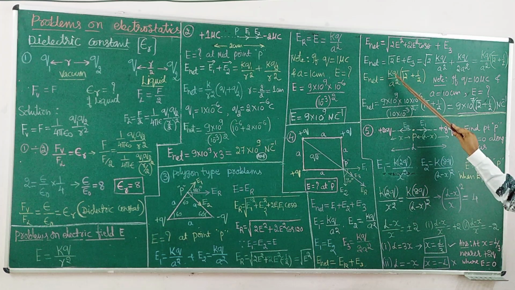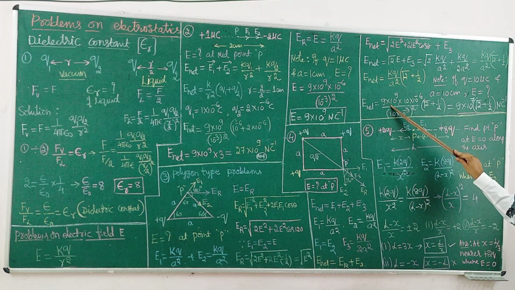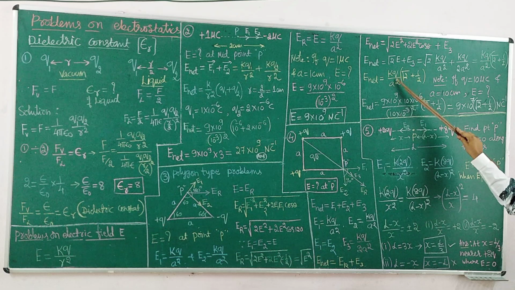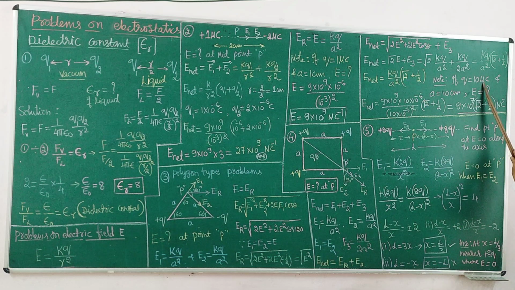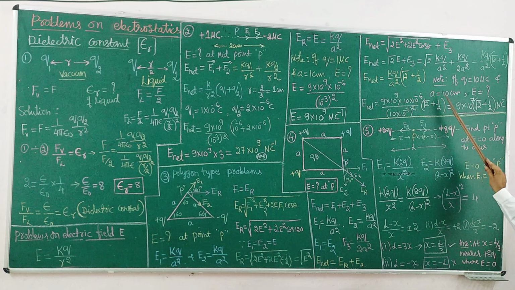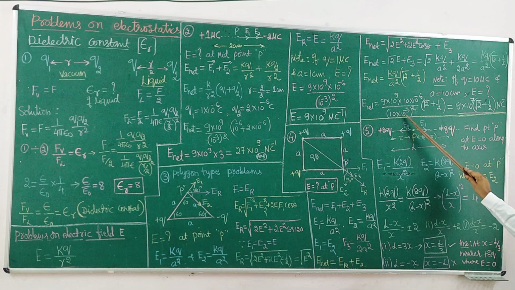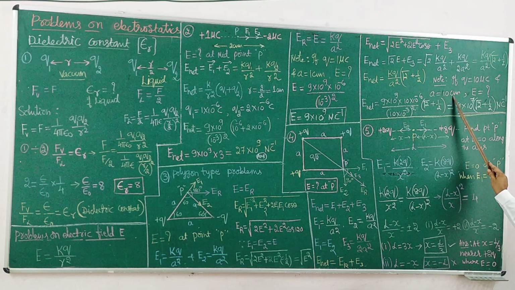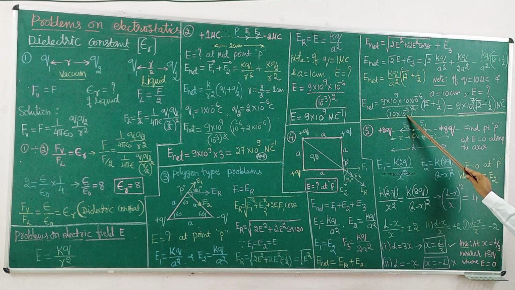That is k in SI, and q is 10 into 10 to the power of minus 6 coulomb, divided by a, which is 10 into 10 to the power of minus 2 meter, whole square in SI.